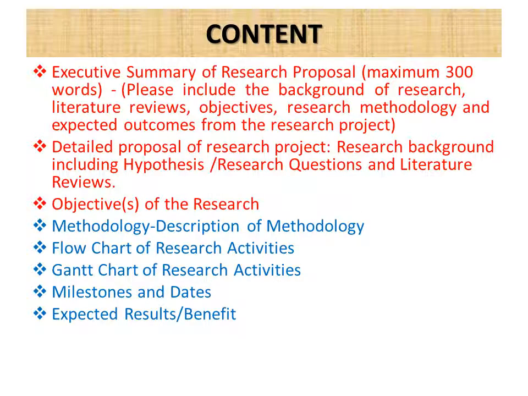Basically, for a proposal, you'll have these sections. The first one, executive summary of research proposal, detailed proposal of research project, objectives of the project, methodology, flow chart of research activities, Gantt chart, milestones and dates, and finally expected results or benefit of your project.